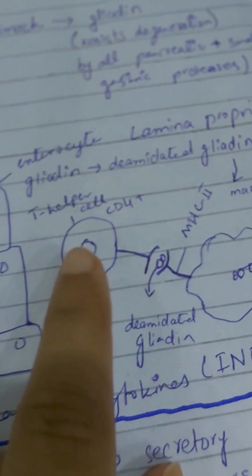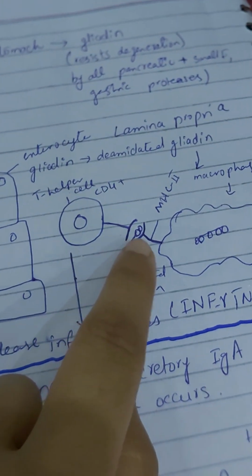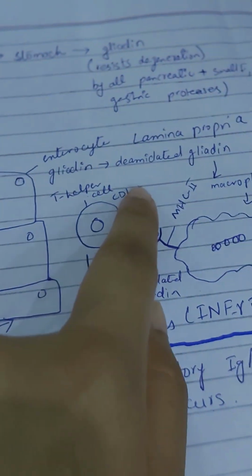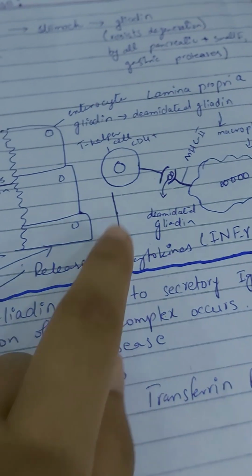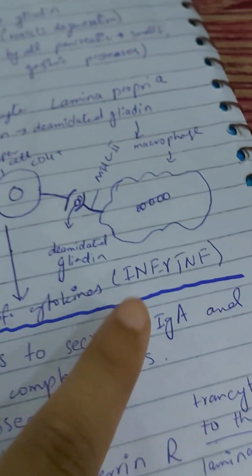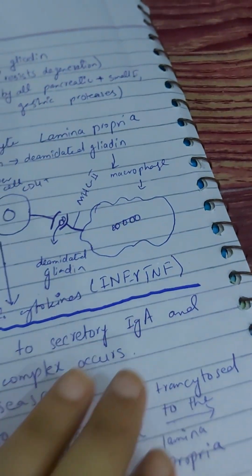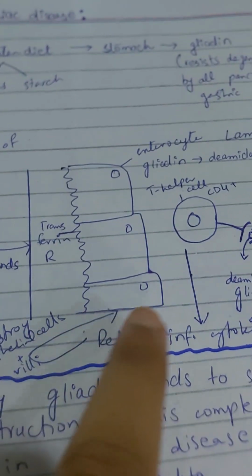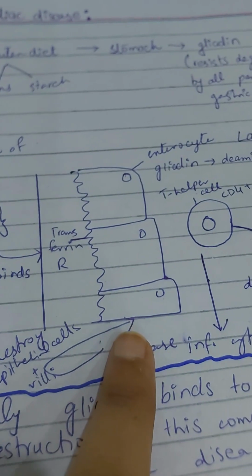Now the T helper cells, that is CD4 cells, recognize this deamidated gliadin, and as they are CD4 positive cells, they follow this pathway, that is they release inflammatory cytokines. Inflammatory cytokines include interferon gamma and tumor necrosis factor. Now these cytokines are released and they destroy all the epithelial cells of the small intestine and destroy the villi.